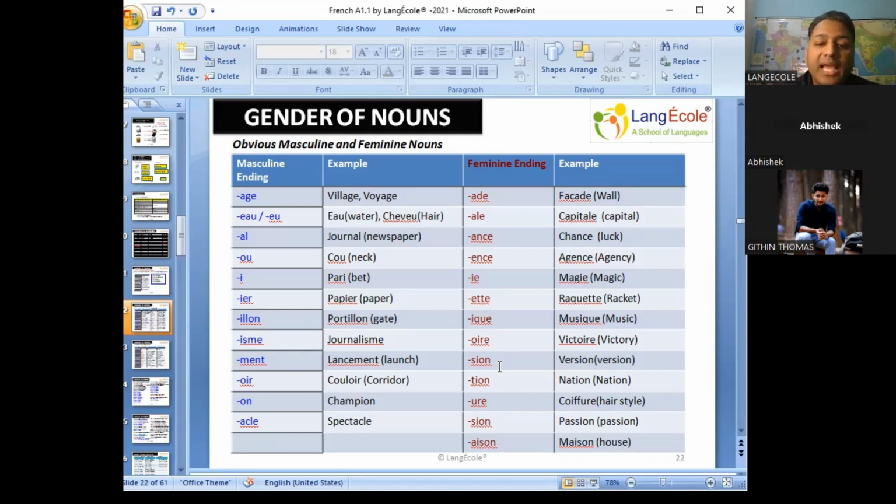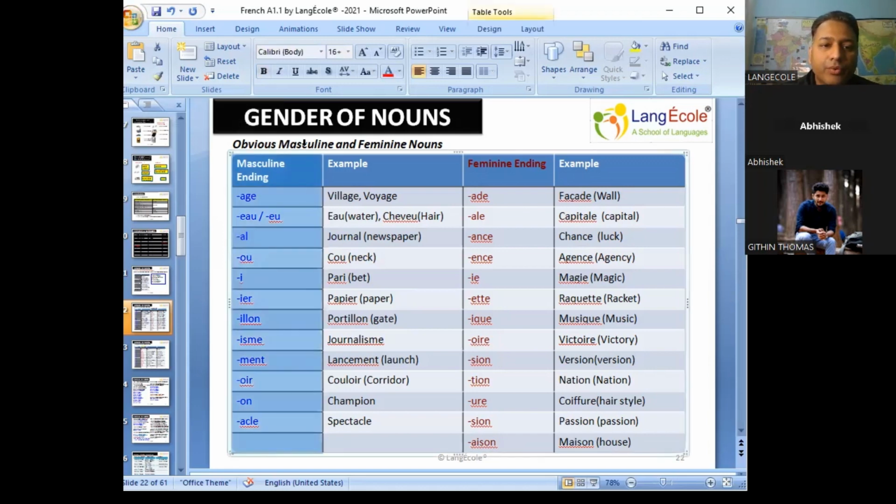But SION, TION will be feminine only. So these are a couple of endings, masculine ending and feminine ending. With that you can define if it is a masculine or feminine noun. Okay, getting it? Yes. Okay, very good.